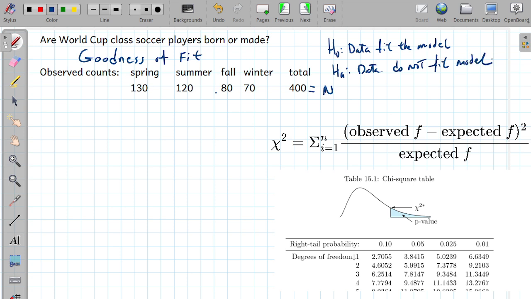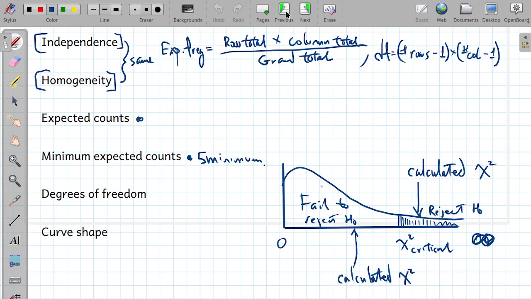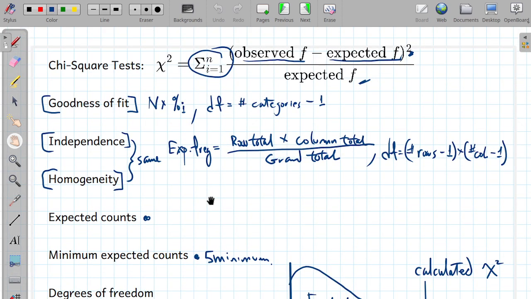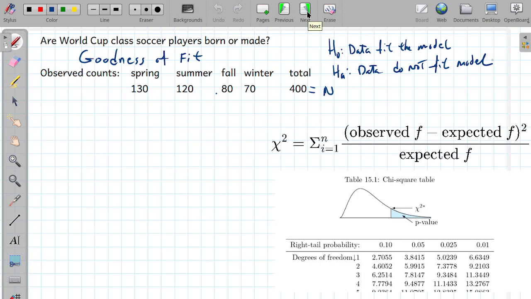Now, if you recall, let's go back here so you see what I'm talking about. And if you recall, I said for the goodness of fit that we need big N, total number of observations, times a given percentage for each category to get the expected value. But I didn't give you any.